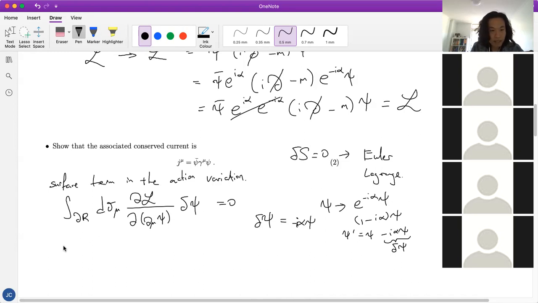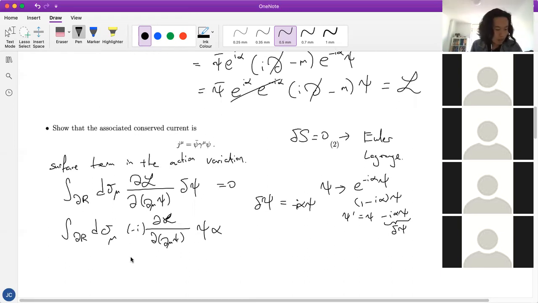And I put this in here, so I get the integral over the boundary dΣ_μ, minus i ∂L/∂(∂_μ ψ), and then ψ. Oh, and then there's an alpha somewhere. Yeah, and an alpha here. Oh yeah, cool.